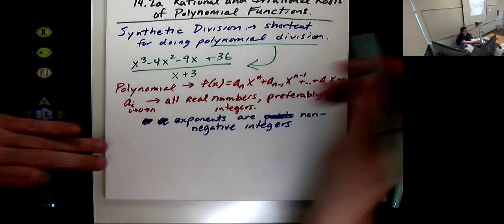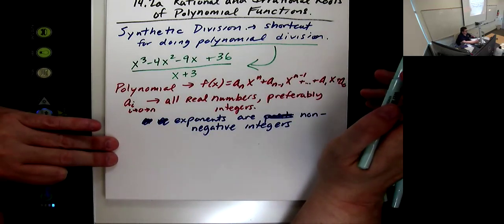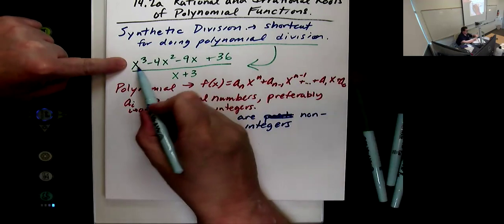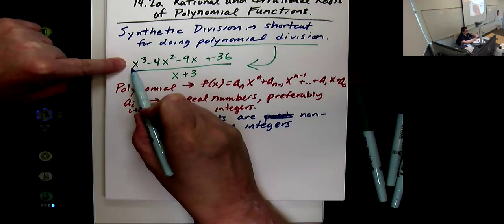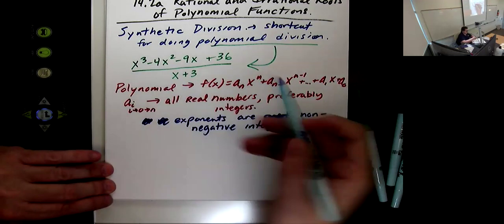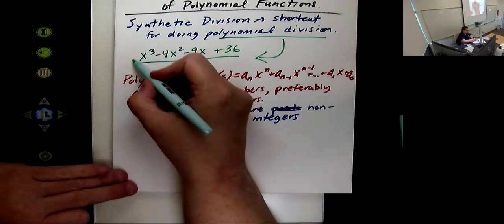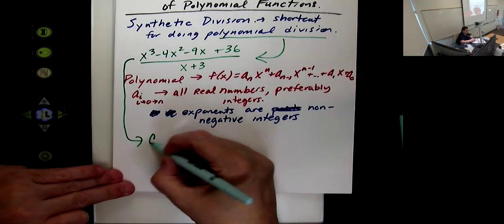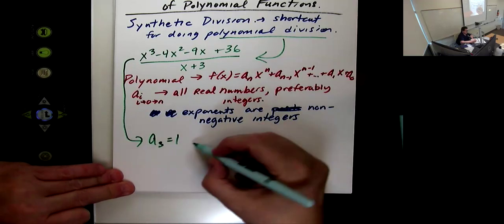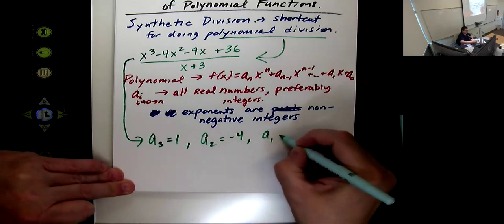It doesn't affect the value whatsoever. It's not like log of one or something. So a3 here is 1, a2 here is -4, a1 here is -9.